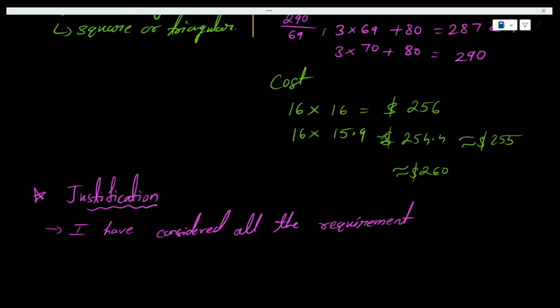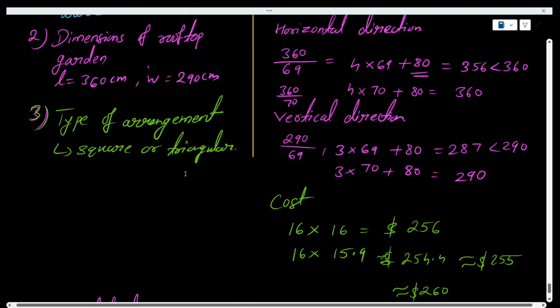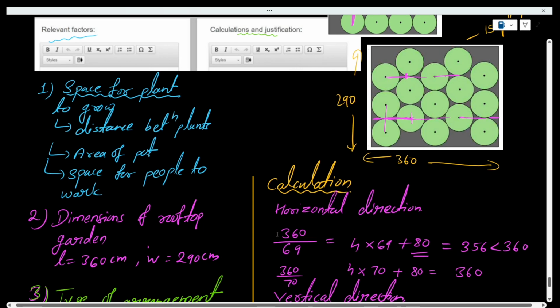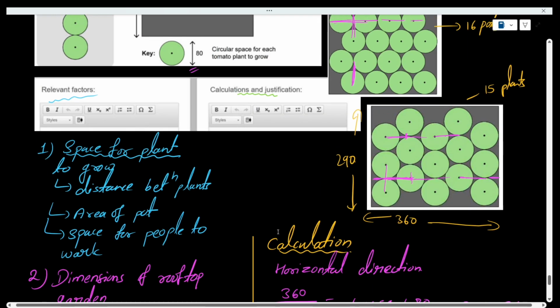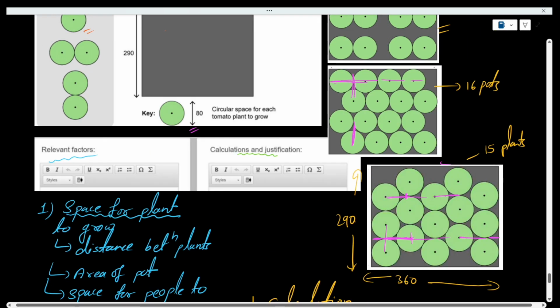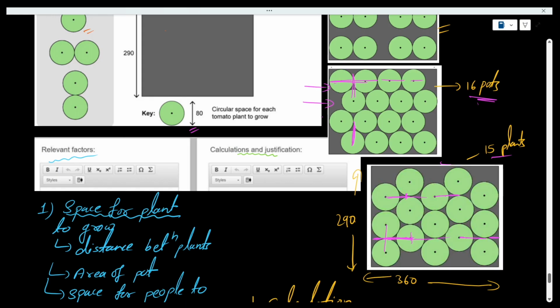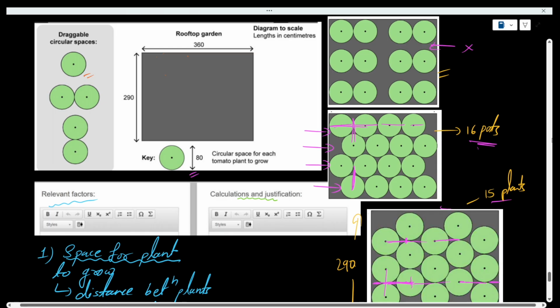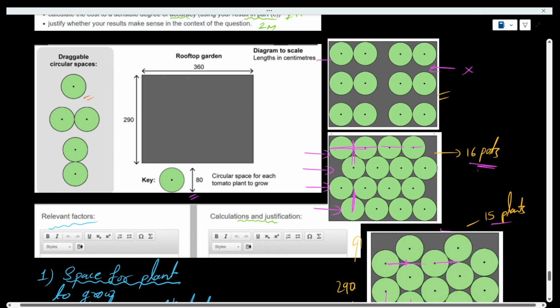Then we did not consider the square arrangement, because when you are doing the square arrangement, we are getting only 3 rows. We have taken this design, the 16 pots design, because of how many rows you are able to fit. This is the triangular arrangement, whereas in the square arrangement, they were able to take only 3 rows, right?